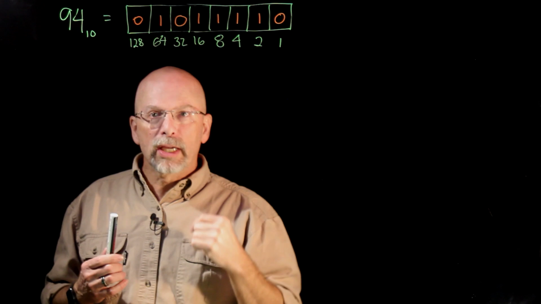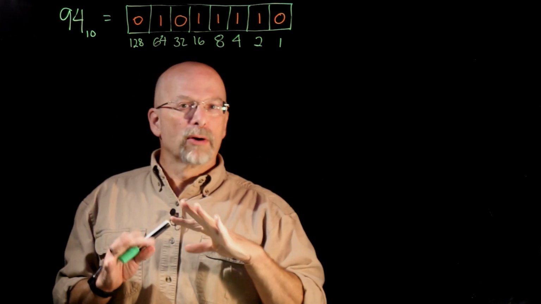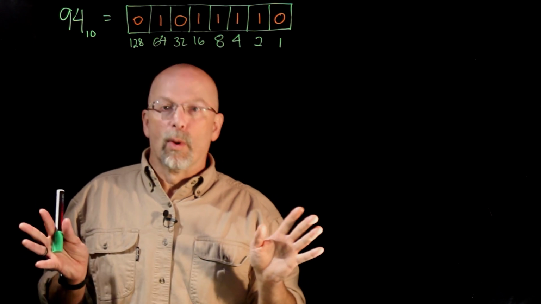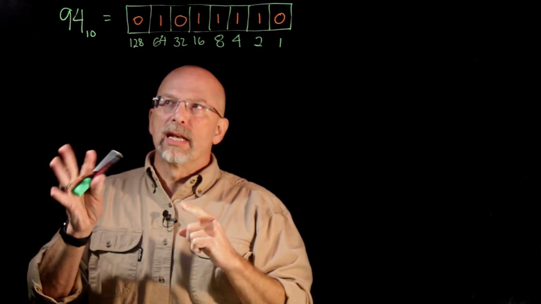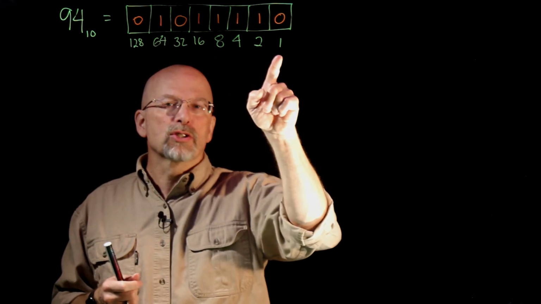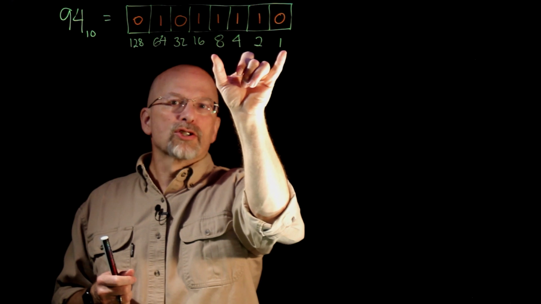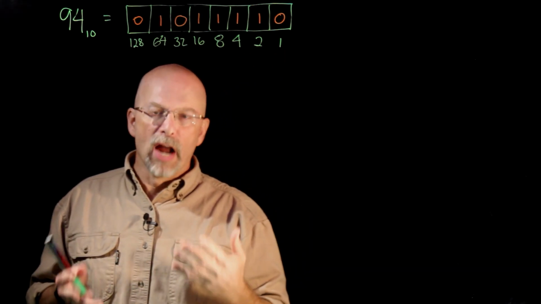Well, we're looking at trying to represent values from 0 up to 9. 0, no problem. 1 bit can do 0. But how many bits does it take to represent 9? Well, 9 is actually 8 plus 1. So it requires all 4 bits in order to represent a magnitude of 9.